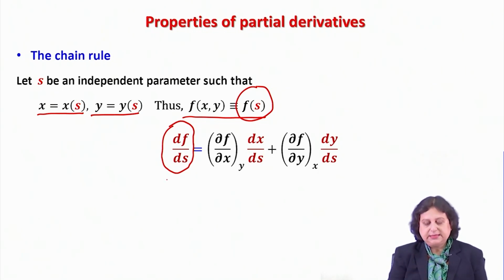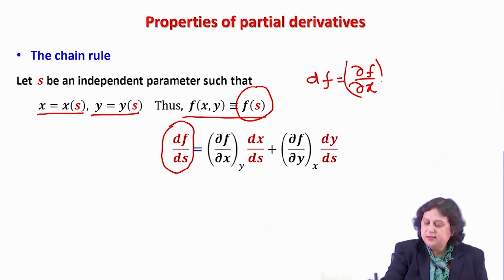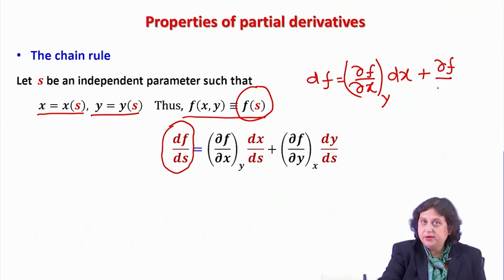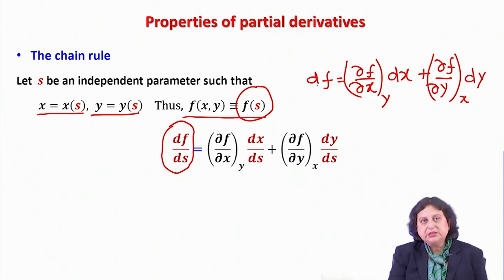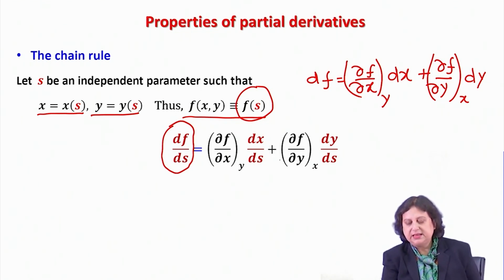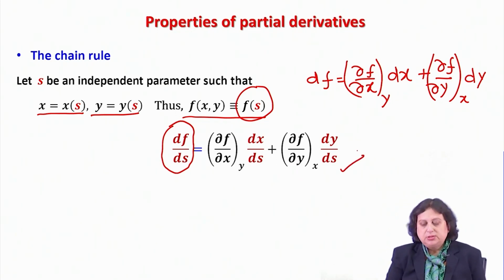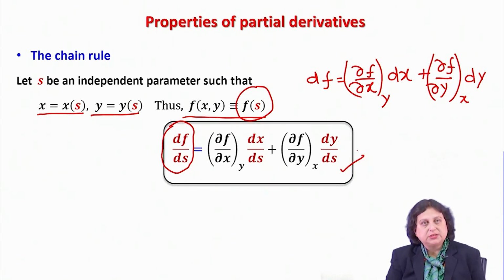Now df/ds, just because I know that df is equal to ∂f/∂x, keeping y constant, times dx, plus ∂f/∂y, keeping x constant, times dy, I am now taking the derivative of both sides with respect to s. So the result is df/ds equals ∂f/∂x, keeping y constant, times dx/ds, plus ∂f/∂y times dy/ds. So this is how the chain rule works.